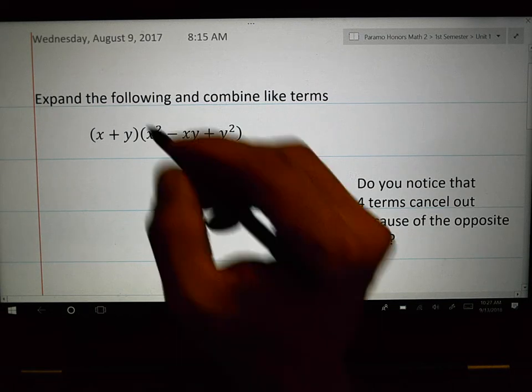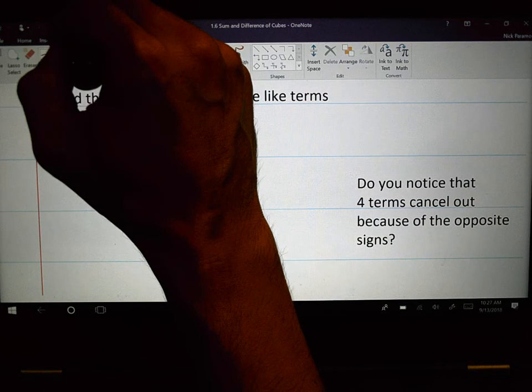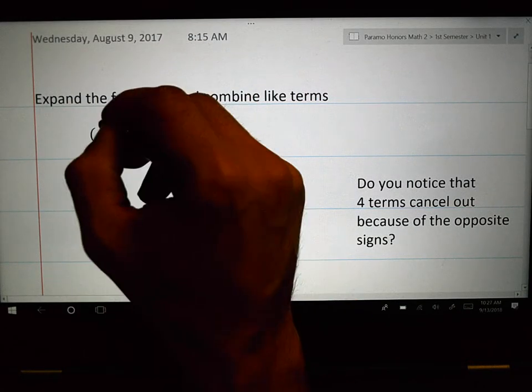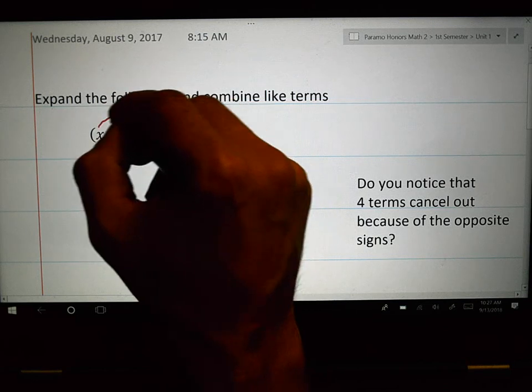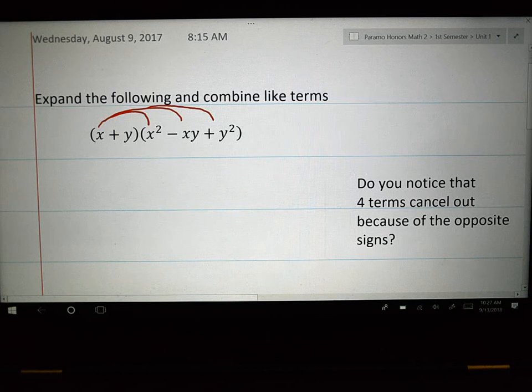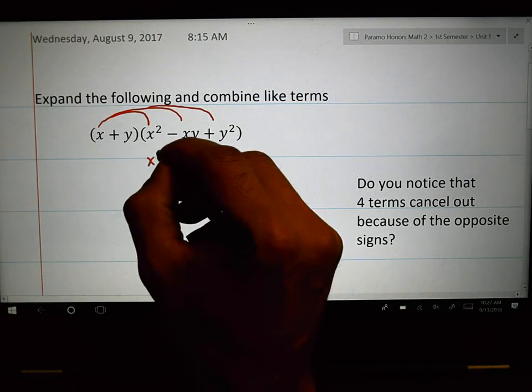This is what it would look like. Since it's a binomial multiplied by a trinomial, you would take this first term and multiply it to all three things. And what you should have had on your paper, x times x squared, is x to the third.